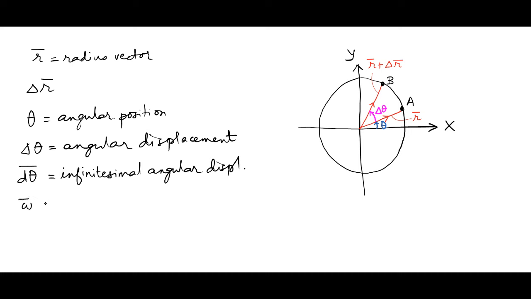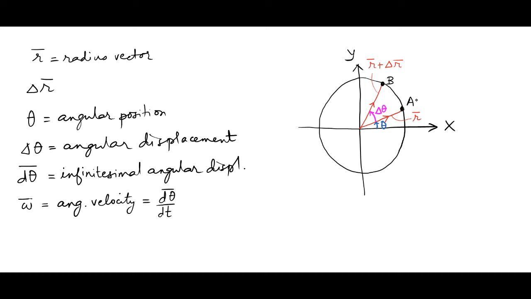Omega bar is the symbol for the angular velocity of the particle, and its definition is d theta bar by dt. It has the same direction as d theta bar, which is given by the right hand rule.